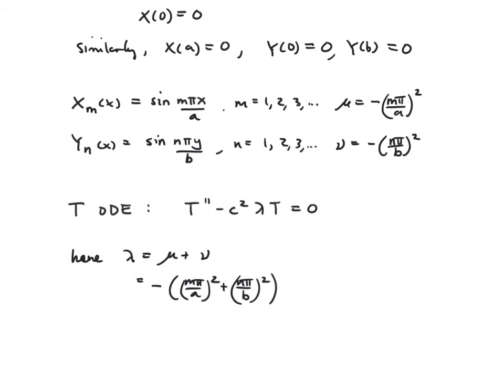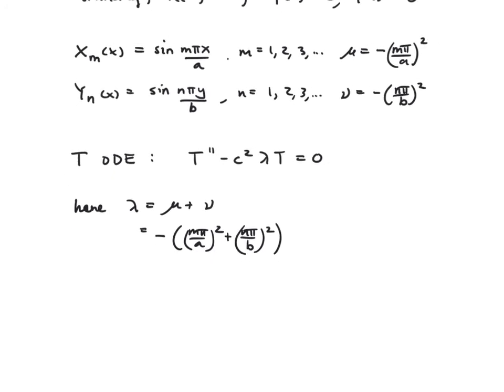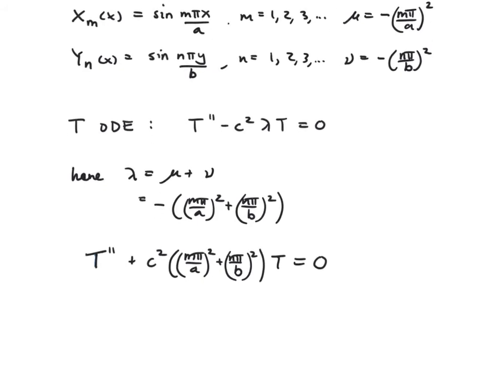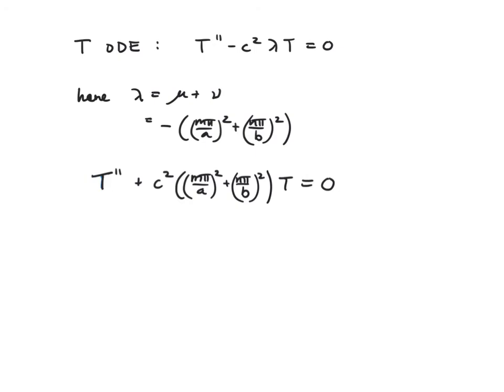So when you put it all together, you get t double prime plus c squared times (m pi over a) squared plus (n pi over b) squared times t equals 0. The second derivative has to be the negative of the original function in order for this to work, and of course that admits sines and cosines.